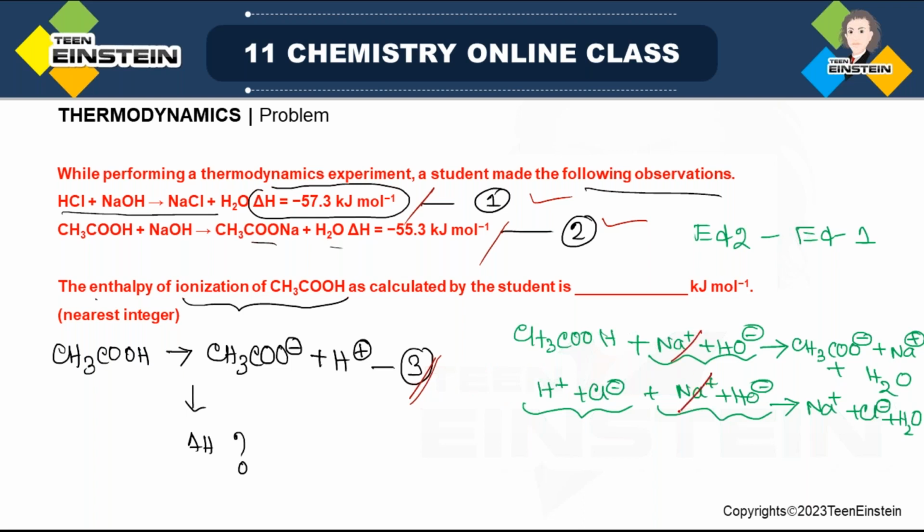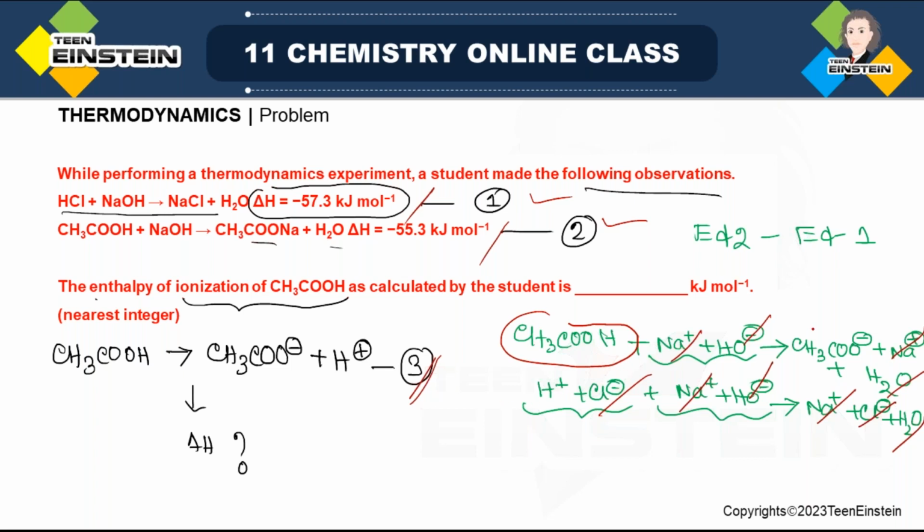So these two will be cancelled. This is cancelled. Then we have Cl minus on both sides, that will also be cancelled. Then another Na plus, that is cancelled. Water cancelled. So what are you remaining with? Yes, you are remaining with CH3COOH.